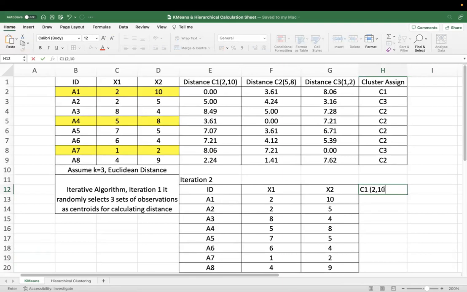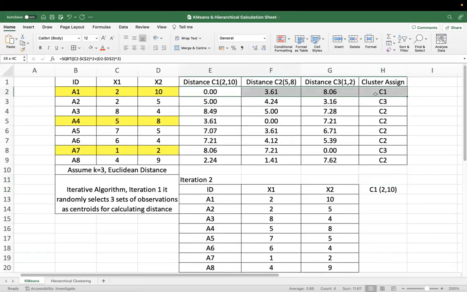So it will be the centroid. The automatic centroid will be 2, 10 because there is only one in C1.